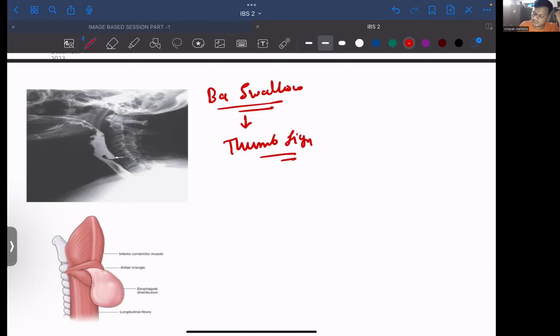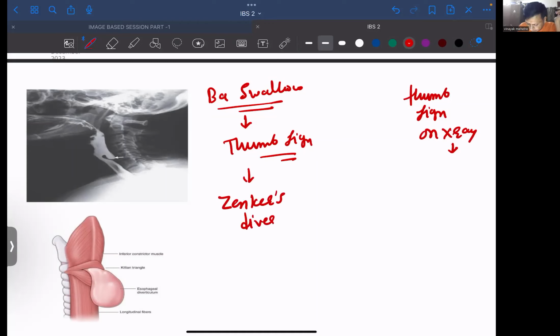Okay, then comes thumb sign on x-ray. I am talking about the same neck. Yes, if you are seeing thumb sign on barium swallow, that means it is Zenker's diverticulum.